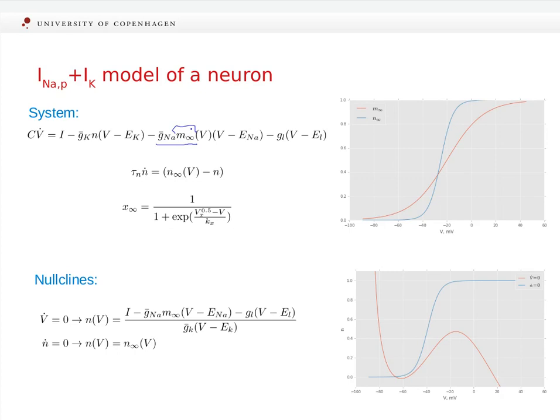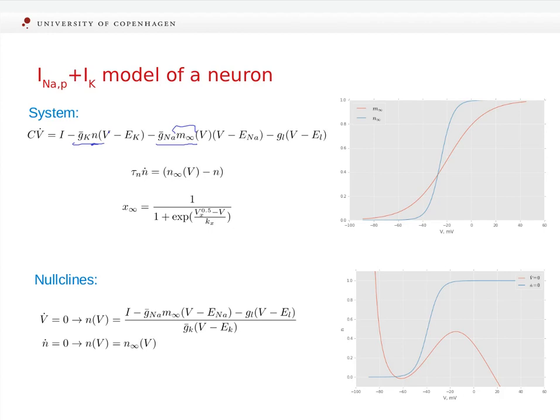And the second current is the voltage-gated potassium current of the delayed rectifier type. It has a single activation gate, and we don't regard any cooperativeness in this gate. Hence the name of the model, persistent sodium plus potassium current model.